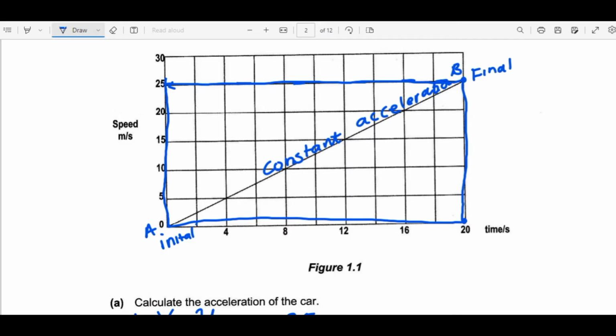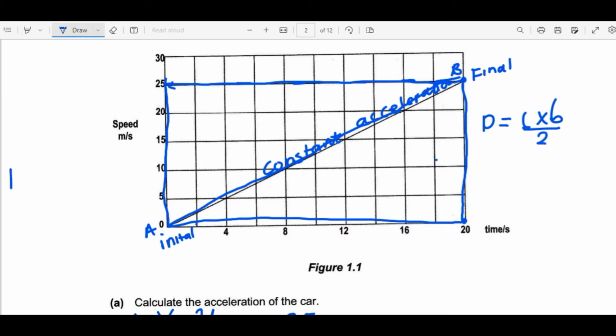The area of a rectangle, which is the distance, is just L times B. Now from the area of this particular rectangle, we just need half of it, so we can just divide it by 2.